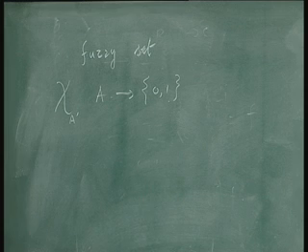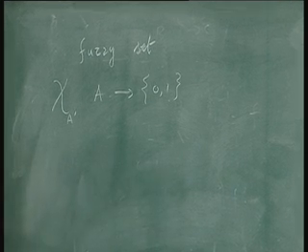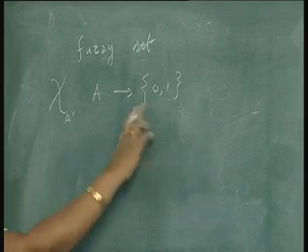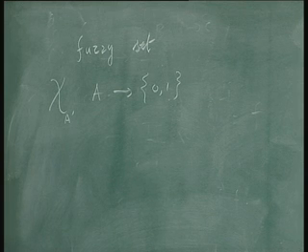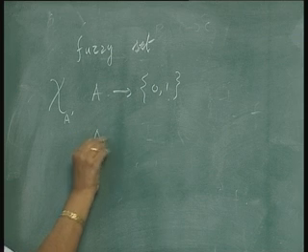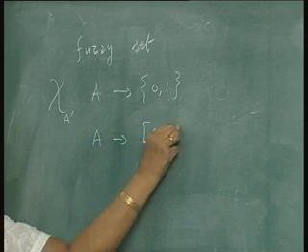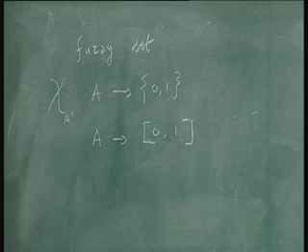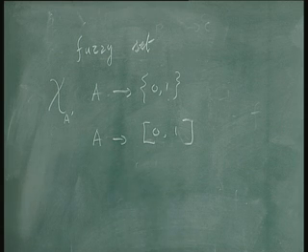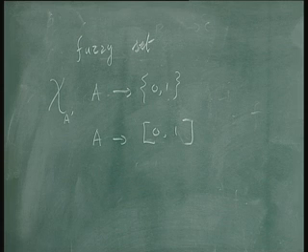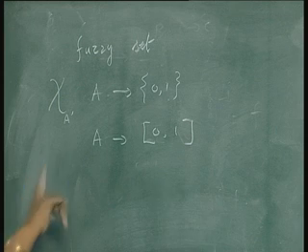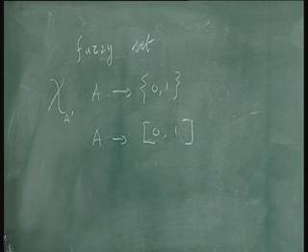There is a marked distinction, so it is mapped to one of the values 0 and 1. But if an element is mapped onto some real value between 0 and 1, say 0.5, 0.2, 0.7, such a set is called a fuzzy set. That is, the characteristic function will not map elements onto 0 and 1, but onto a real value between 0 and 1.